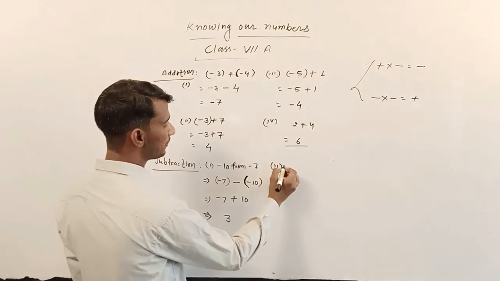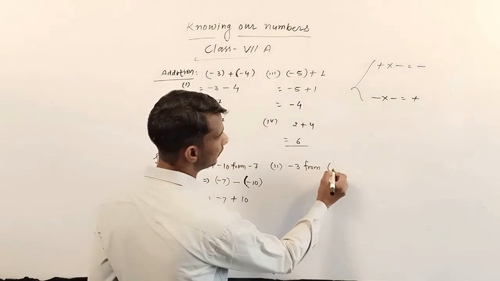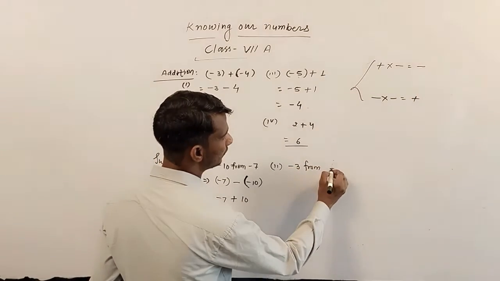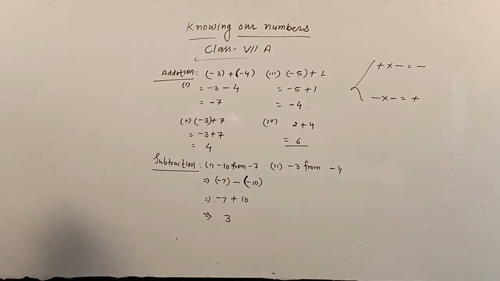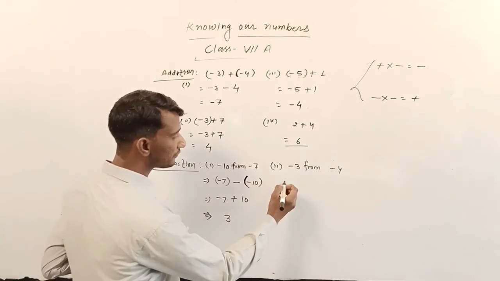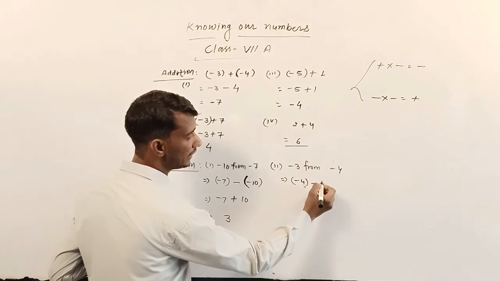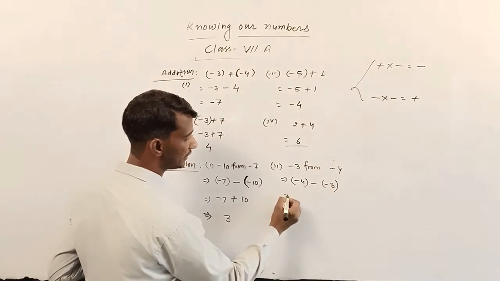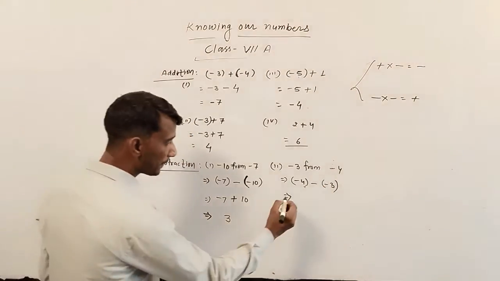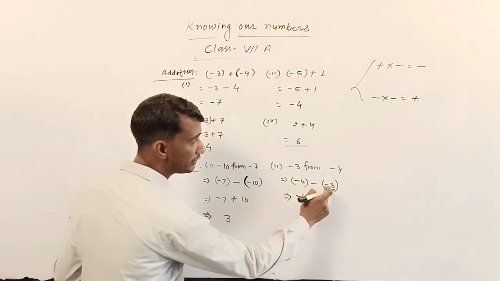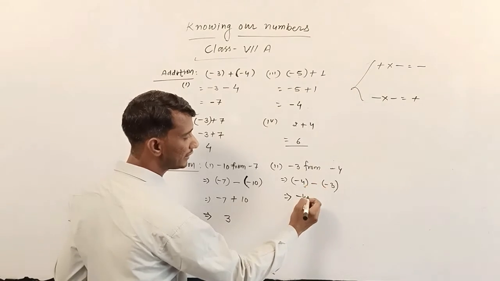Next example, minus 3 from minus 4. Check again. First we write minus 4, minus sign, after that we write minus 3. Now open the bracket, minus 4, minus into minus. I told you what is the product of minus into minus?